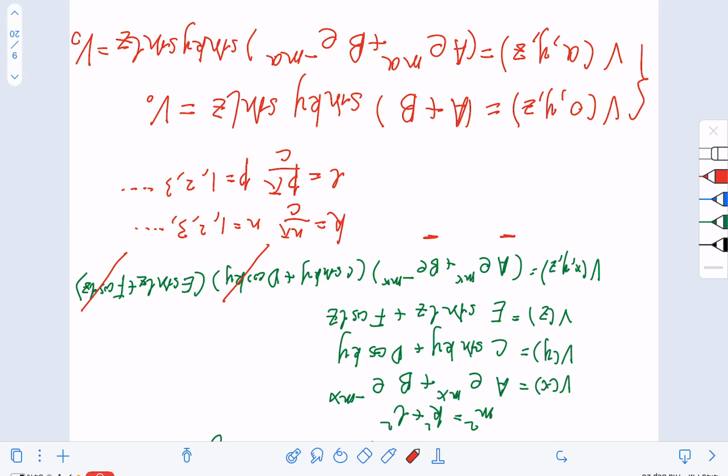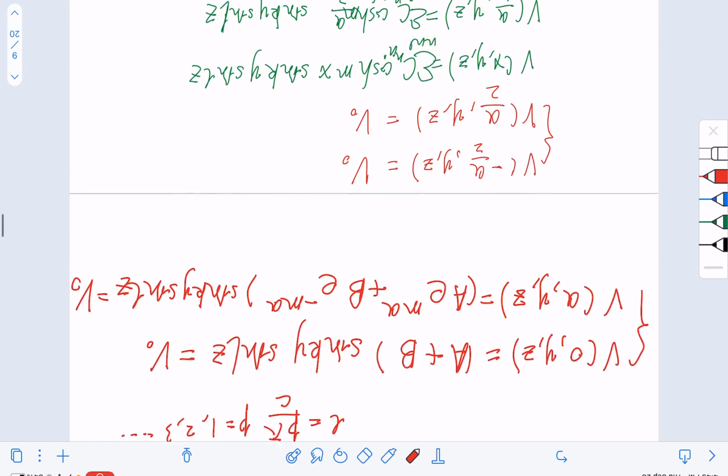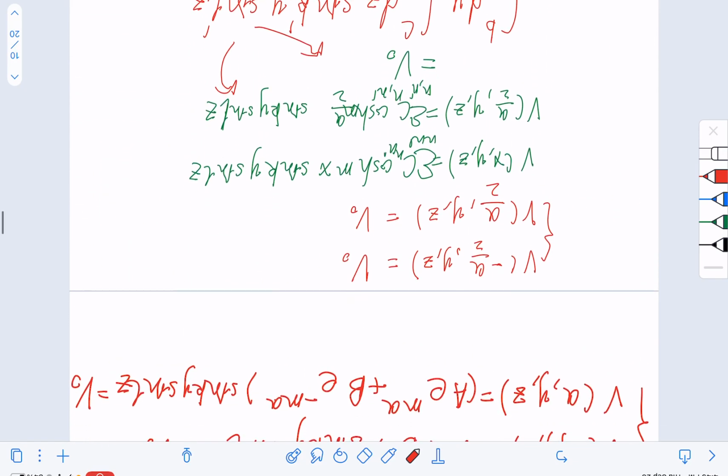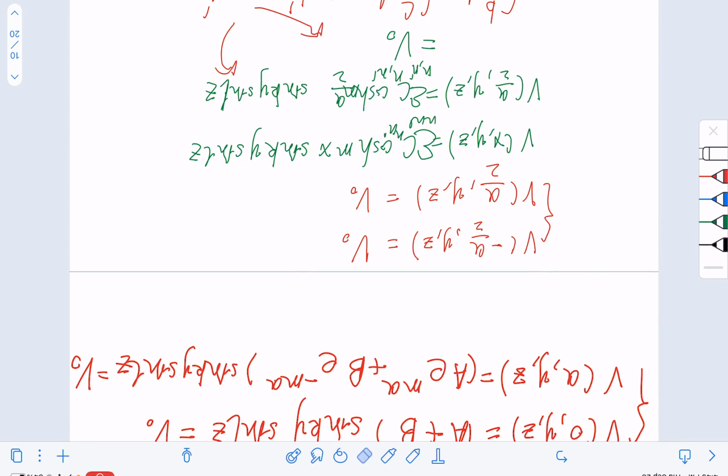And then c should be a function indexed by n and p, and the sum should also go over n and p, where k is indexed by n, l is indexed by p, and m is indexed by n and p.